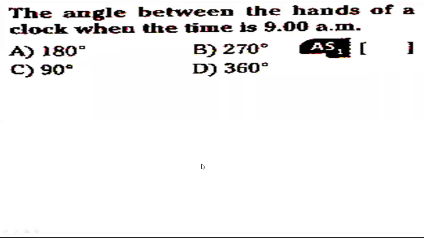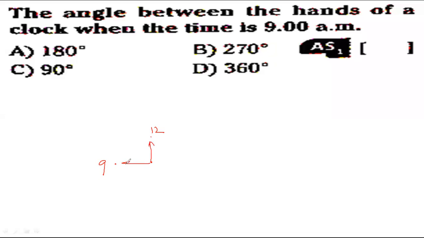Next question. The angle between the hands of a clock when the time is 9 a.m. Minutes hand will be pointing towards 12.